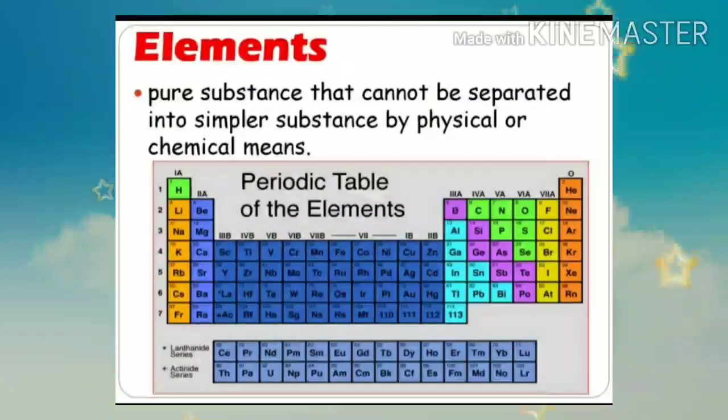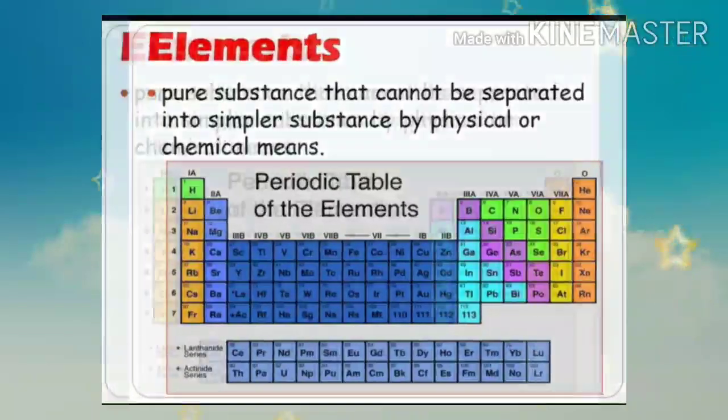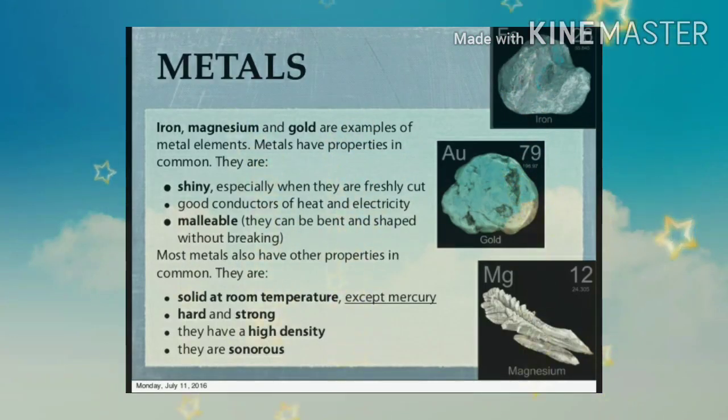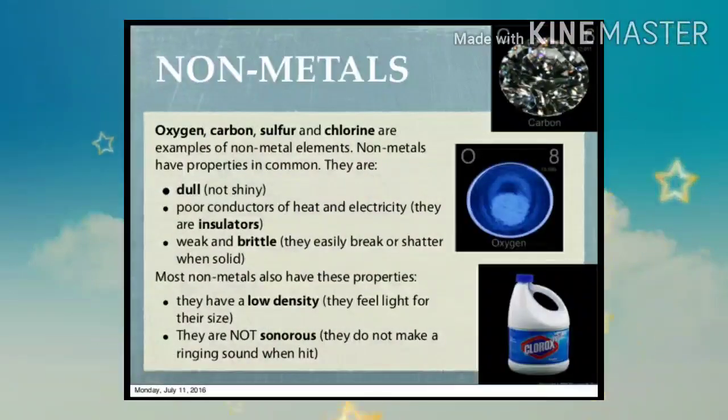Elements are pure substances that cannot be separated into simpler substances by physical or chemical means. They are further divided into metals, which are solid, hard and strong, of high density and sonorous in nature, and non-metals, which are dull, poor conductors of heat and electricity, weak and brittle, of low density and not sonorous.